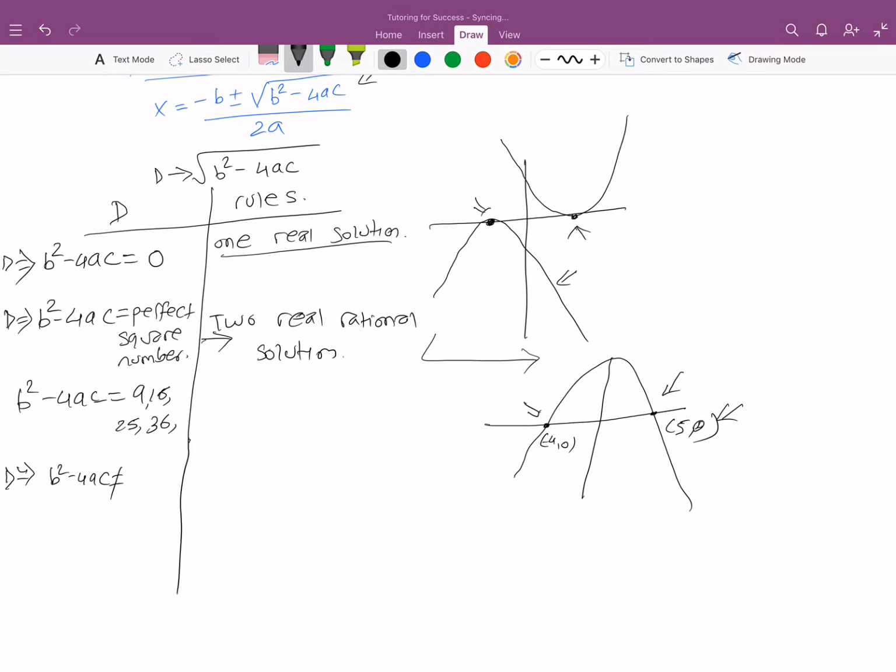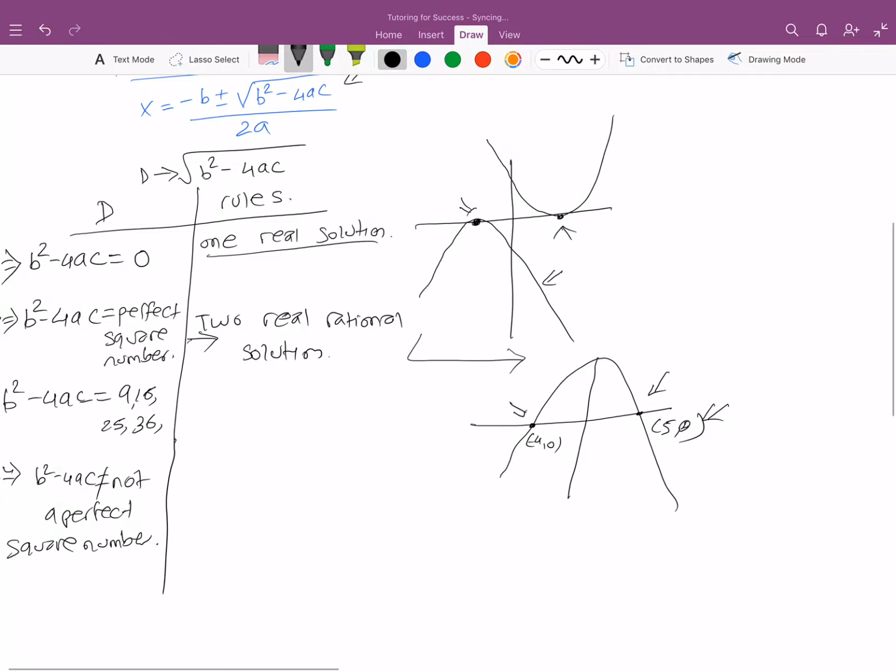Okay, so let's explore another condition where d, which is b squared minus 4ac, is not a perfect square number. This can also be written as b squared minus 4ac greater than 0, but in my case right here, b squared minus 4ac is not a perfect square number.